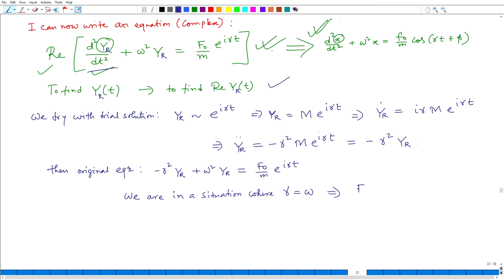That is why f 0 by m e to the I gamma t is equal to 0, which is absurd, because it simply says that the forcing vanishes, and that is not possible.